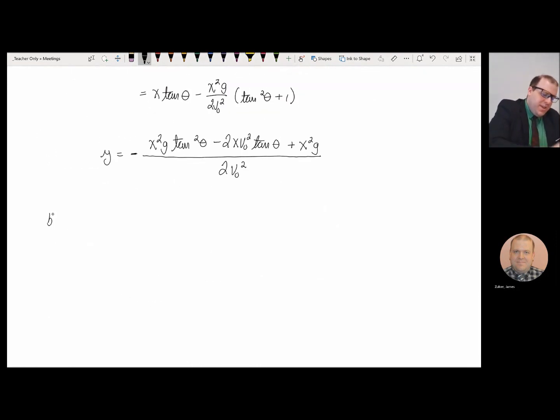So what we want to do in part B is find the range. Right? Range is the maximum horizontal distance covered.